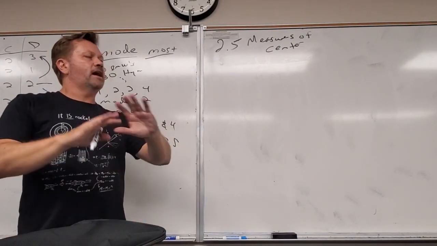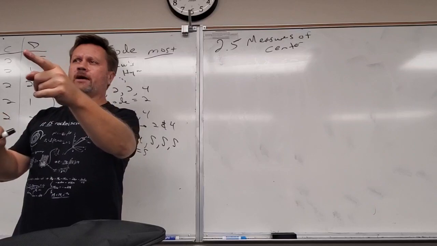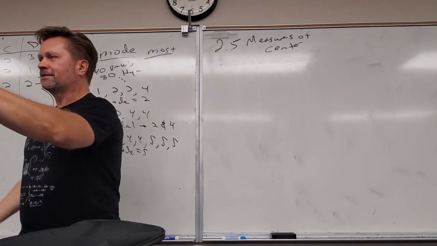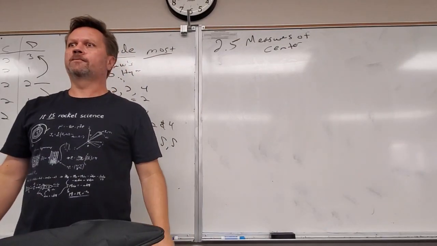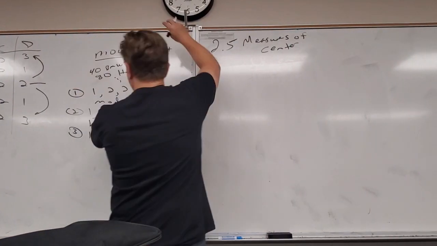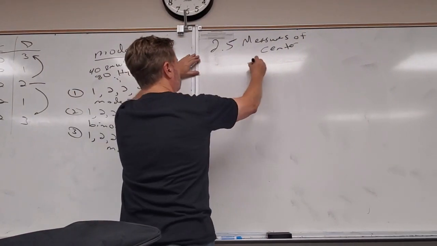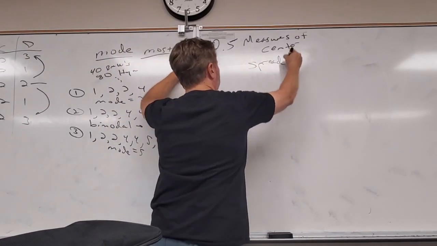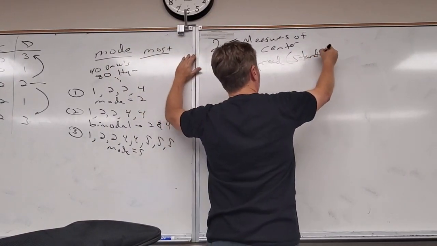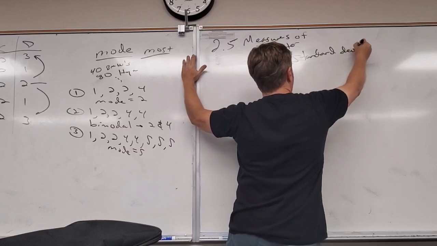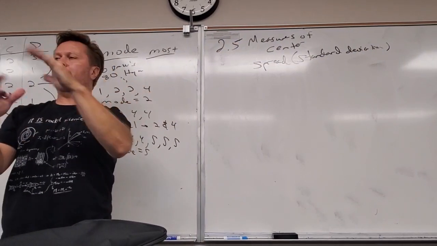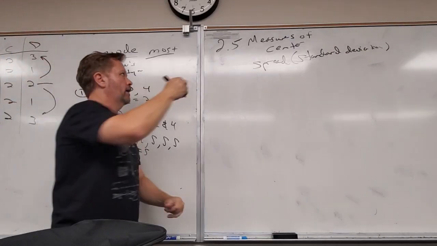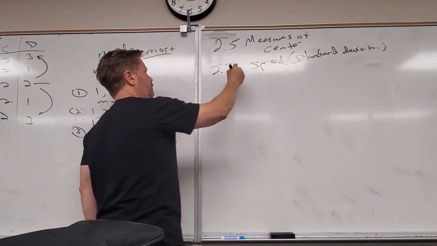For the homework for 2.5, you might realize I only assigned 3 problems because there's not a lot in 2.5. Just mean, median, mode. The thing we just talked about, the idea of spread, which is really standard deviation, we have not covered this at all. I've just told you what it is, what it means. We haven't talked about how to calculate it yet. That's actually in 2.7.